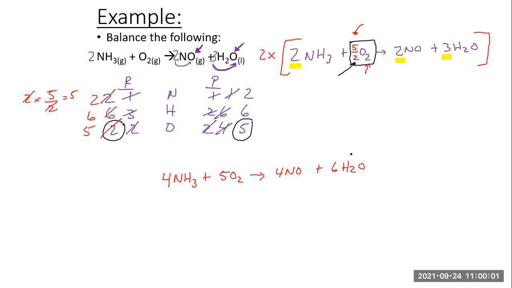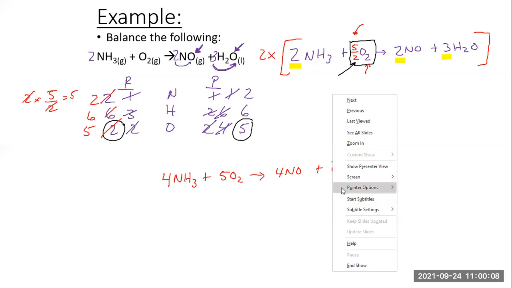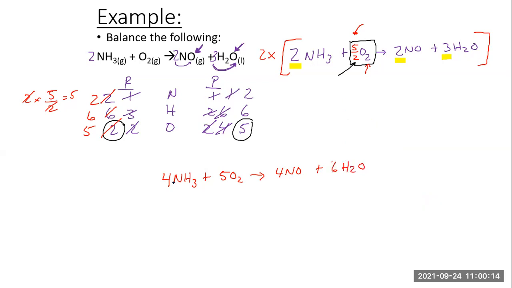That means that if we did not mess up here, we should still be balanced. So let's take a look at our table here and see how we're doing. Starting on the left here, nitrogen 4. Right-hand side, nitrogen 4. So that's good. Hydrogen, 4 times 3 is 12 on the left.